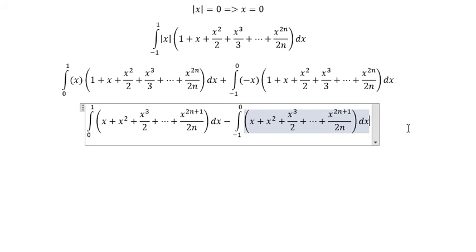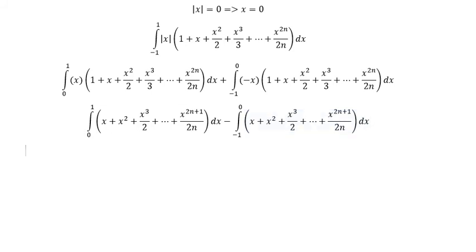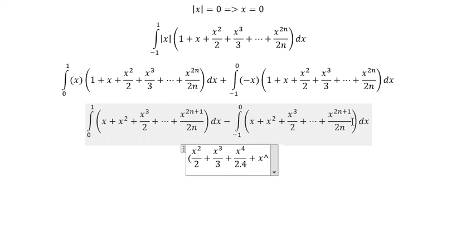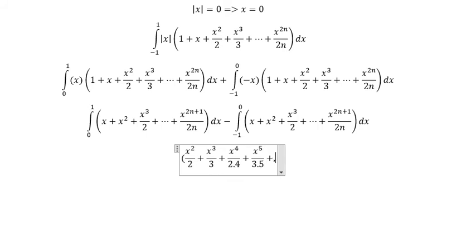After that, we get x squared over 2, and we have x to the power of 3 over 3, and x to the power of 4 over 2 multiplied with 4, and x to the power of 5 over 3 multiplied with 5, and so on.